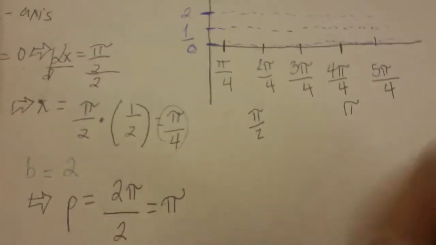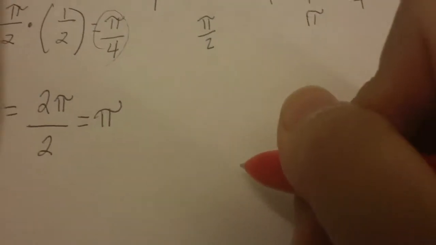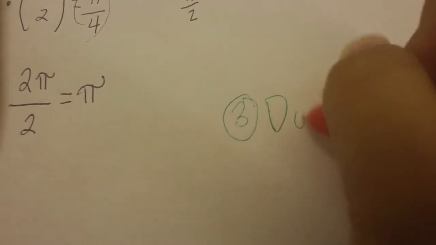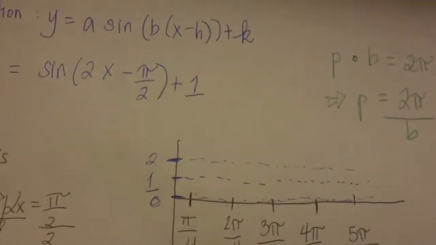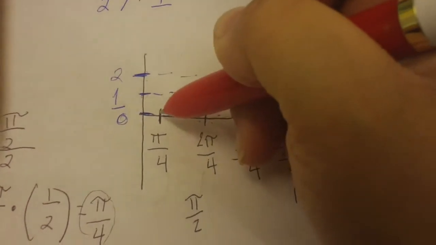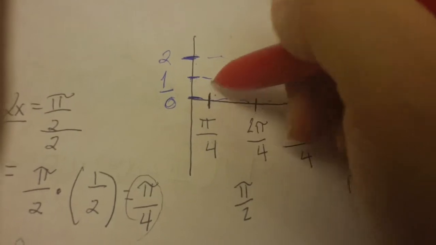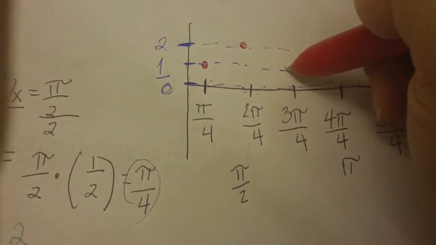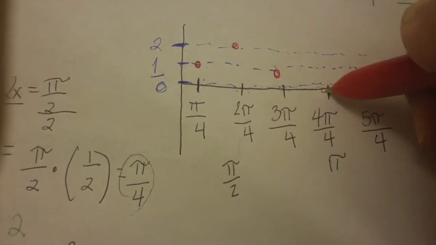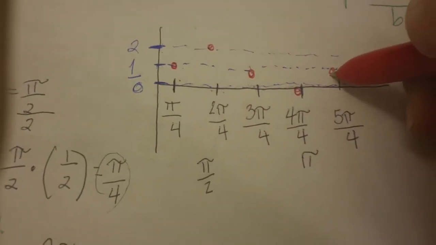So our third step is our dots. So this is sine, so the pattern of our dots goes middle. So a starting point, remember our starting point is pi over 4. So our starting point, the graph of sine starts at the middle, and then it goes up, middle, down, middle.